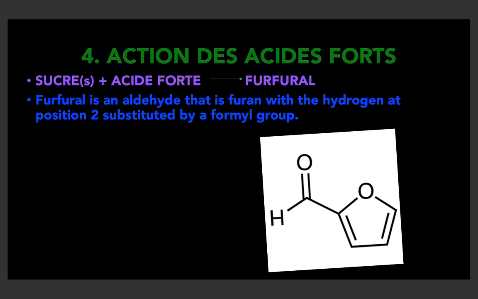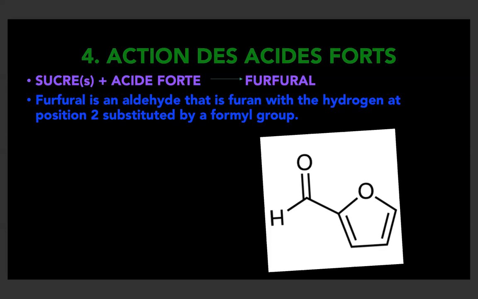So the bottom line is what you just have to know is that when you react a strong acid with a sugar, it's going to form a furfural. That is what you're supposed to know. The mechanism, I'm told you guys in medicine don't do mechanism. So the mechanism is for me to know, not for you. What you're supposed to take note of is that when you react a sugar with a strong acid, you get a furfural. Any questions?